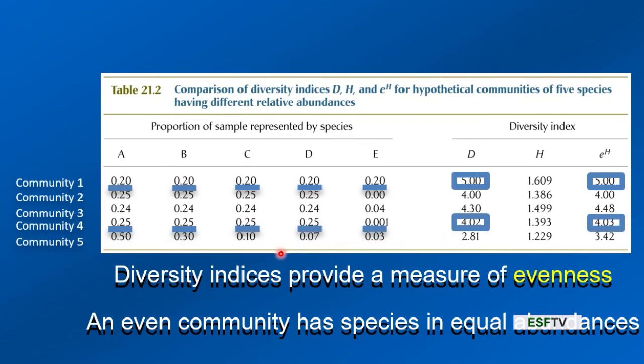And you can see that even more so in the last one, Community 5, where we have 50%, 30, 10, 7, and 3%. And now, again, it's less than 5. The richness is 5, but the diversity tells us 2.8, telling you that it's not a very even distribution of species or frequencies.